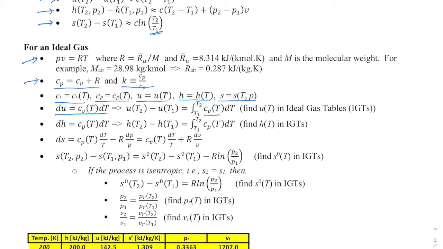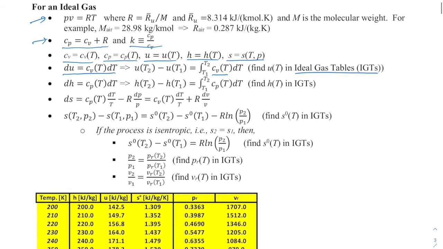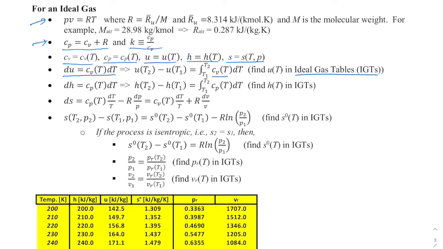Again, Cv is generally a function of temperature, so you'd have to account for that. Fortunately, in the ideal gas tables, and you can see this at the very bottom here, in the yellow table, that integral has already been performed for you from some reference condition to whatever temperature you're interested in. So, for example, here's the column dealing with the specific internal energy at any given temperature.